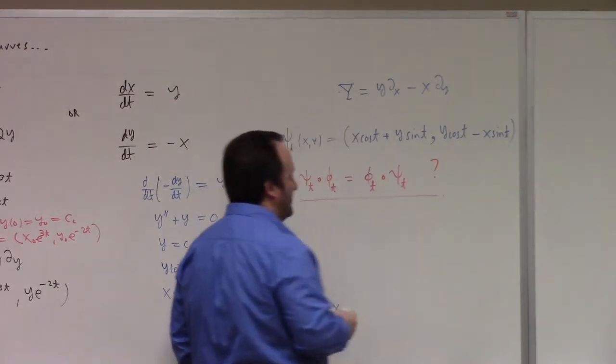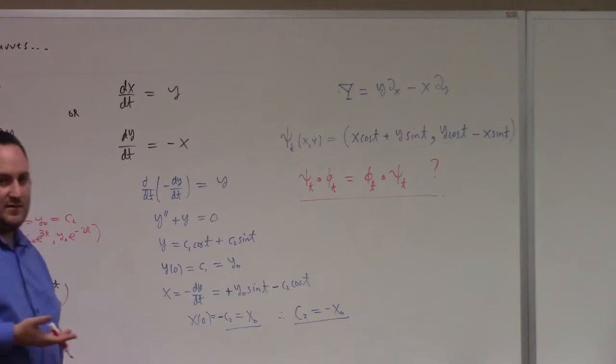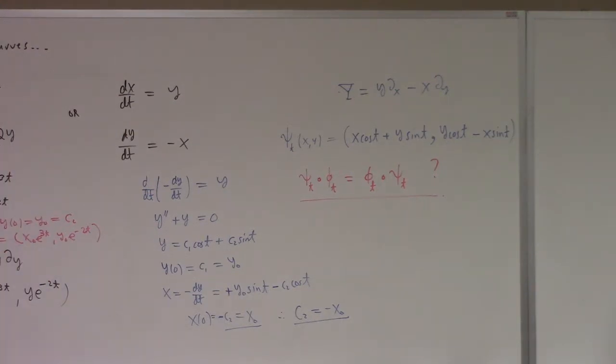There are two ways you can go there. One way is to just calculate both flows. Imagine yourself in a world where we hadn't calculated the flows yet, and all you were given is the vector fields X and Y, and you're asked, do the flows commute?